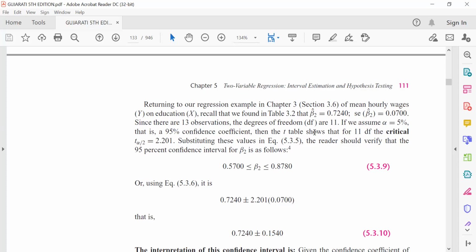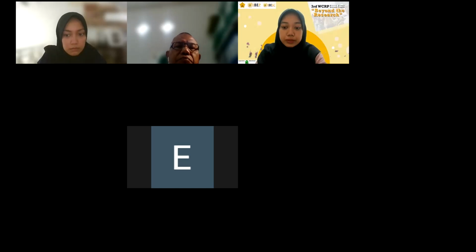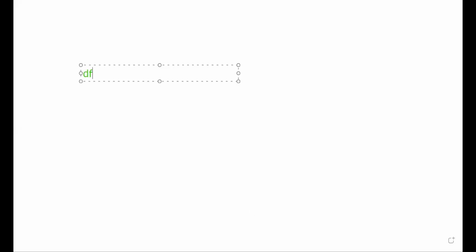K for the first is beta 1, the second is beta 2. This means the degree of freedom is equal to sample size minus K.